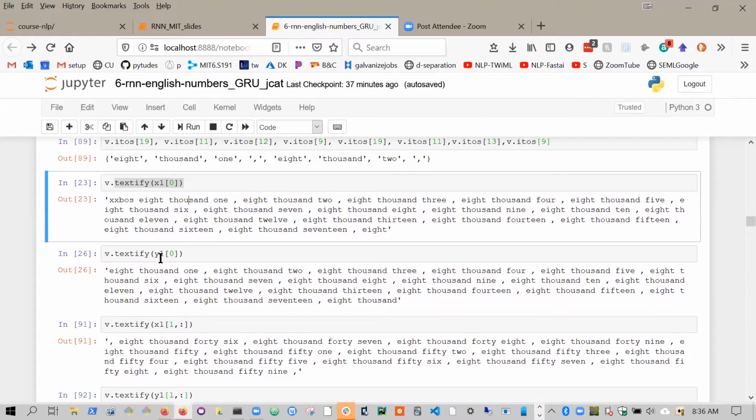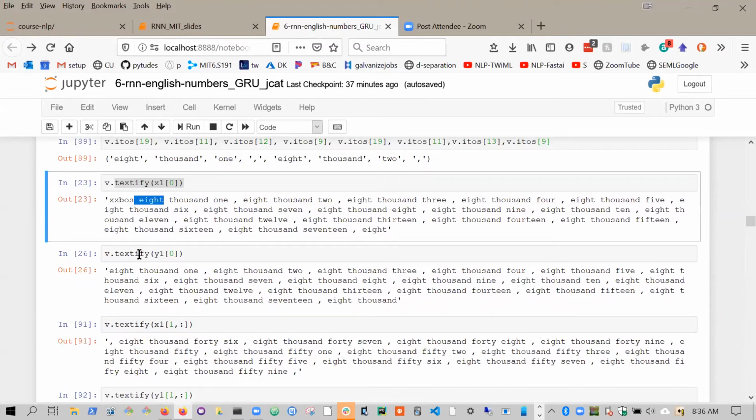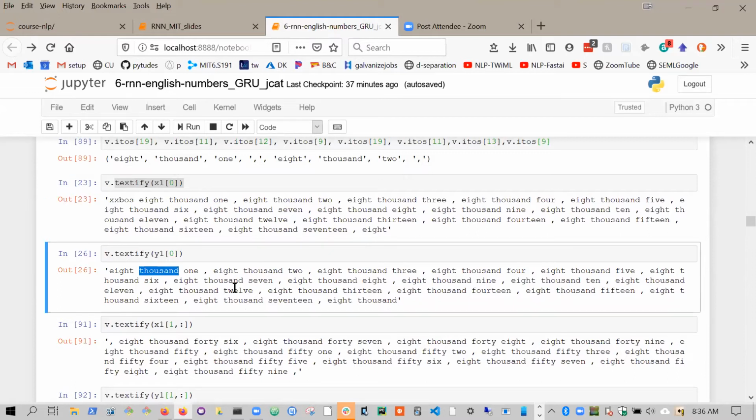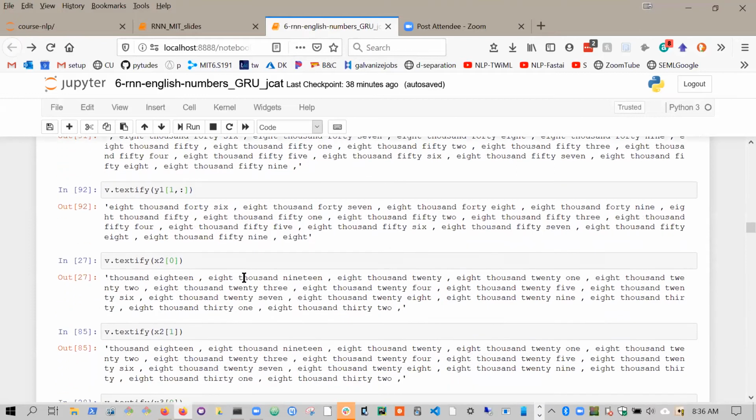And notice that the Y, the labels, are the same as the input, except they're shifted one token to the left, so that beginning of string in the input is followed by 8 in the label, because its next element is 8. If you want to predict the next token, that would be 8. The next token after 8 is 1000, and so that appears as the second label, and so on. Does everybody see that? Okay, so we're just looking at our data to make sure that it makes sense. That's all we're doing here.